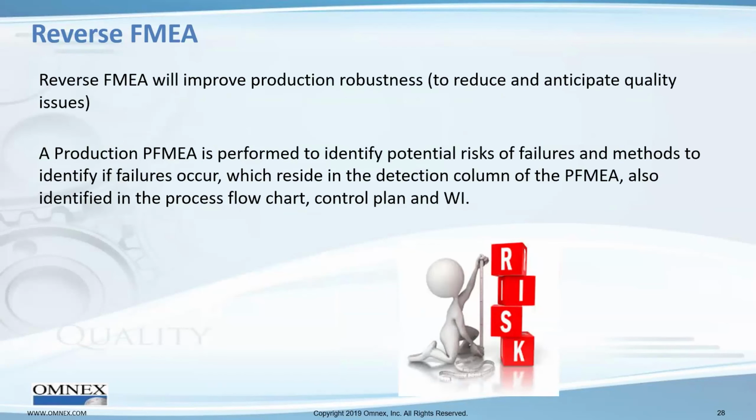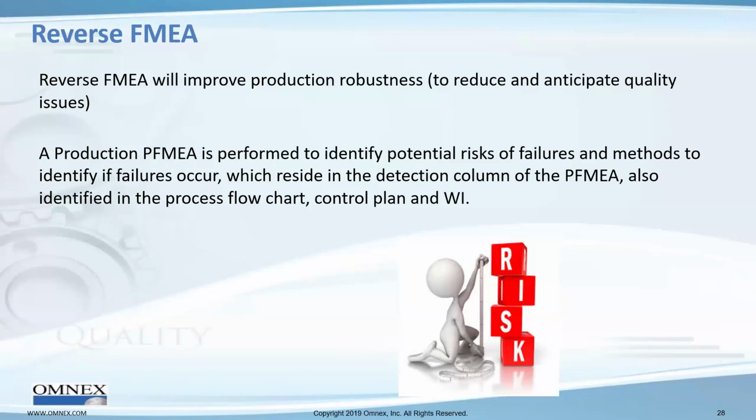So again, reverse FMEA will improve production robustness because we're going to make sure that either the process that we identified in the PFMEA is what we thought it was, or by the end of the reverse FMEA, we're going to have a better documentation and process in place for both prevention and detection.